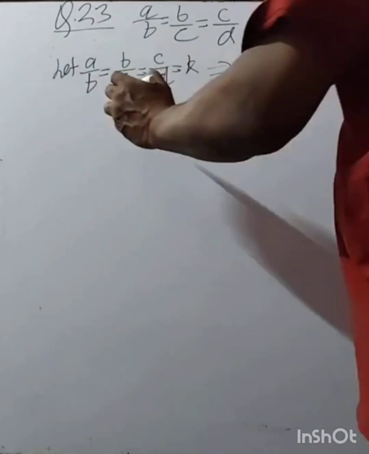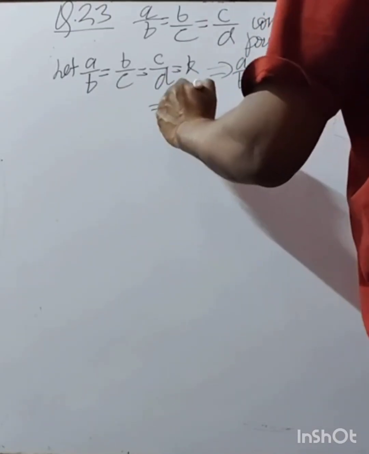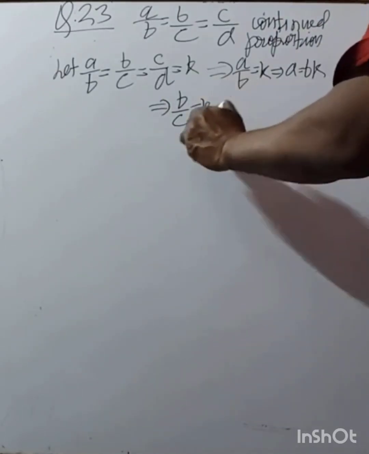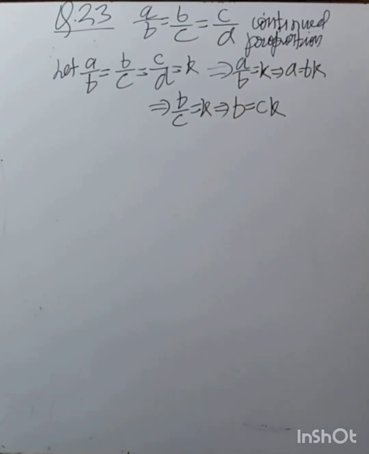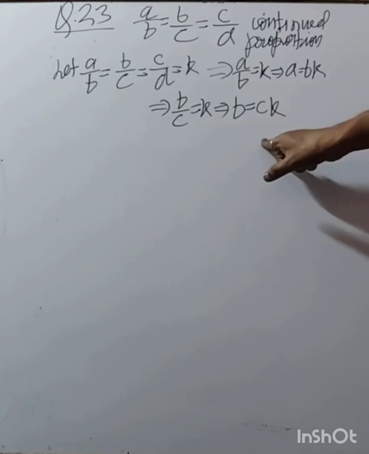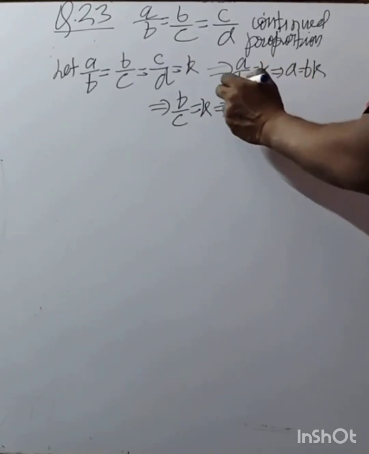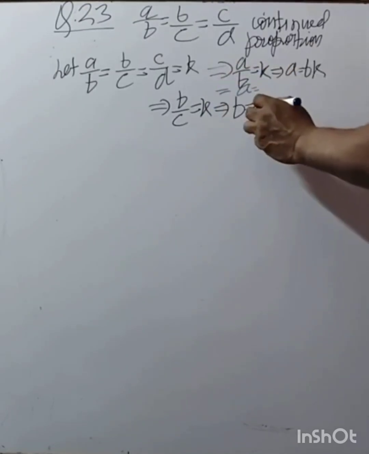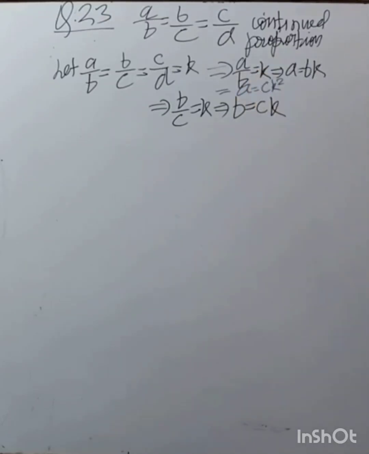Now B upon C is equal to K, so B is equal to CK, and when B is equal to CK, here you put the value and you get A is equal to CK square, right?